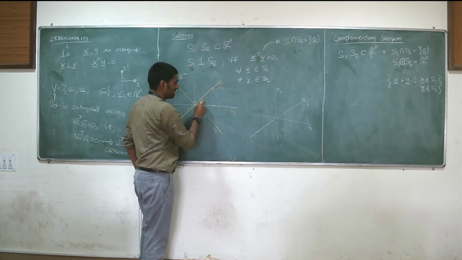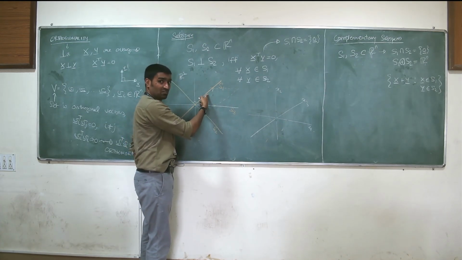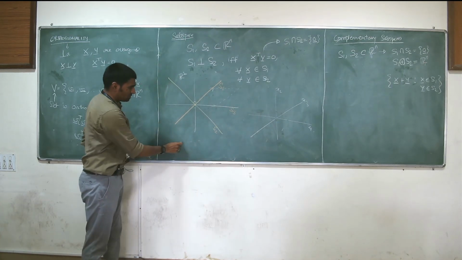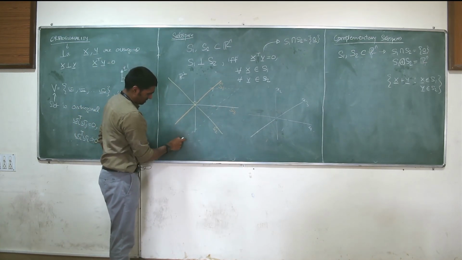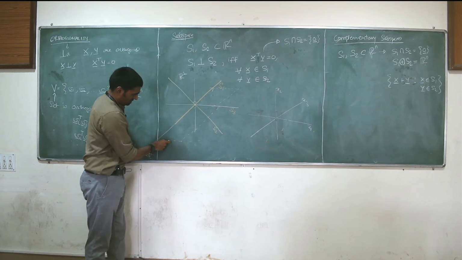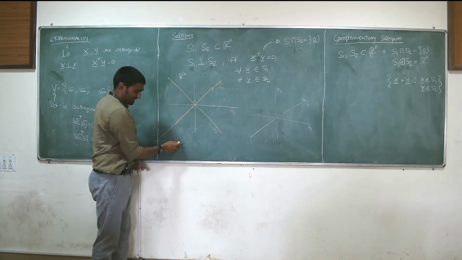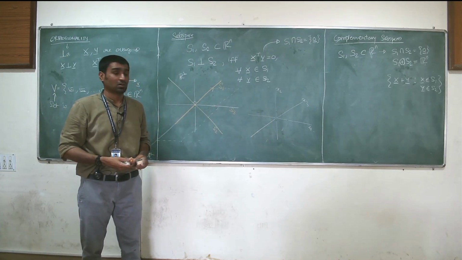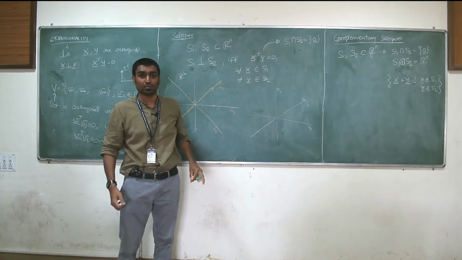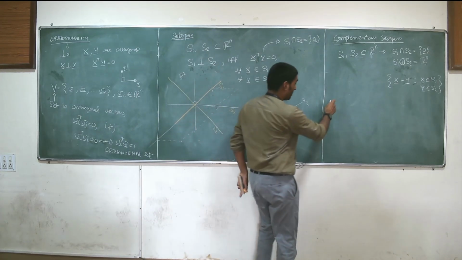If I add this vector from S3 and this vector from S1, I'll get this vector. You can do the same thing for every point. So S1 and S3 are not orthogonal, they're complementary subspaces. What about the set S1 itself?